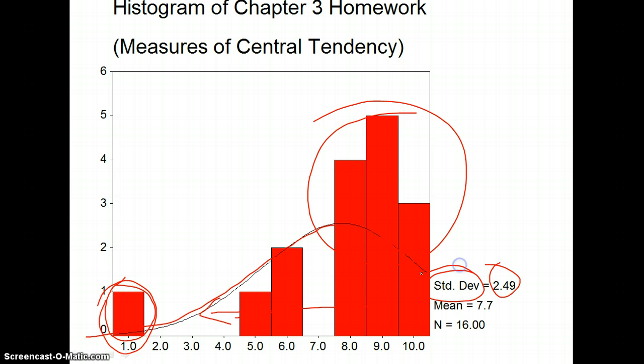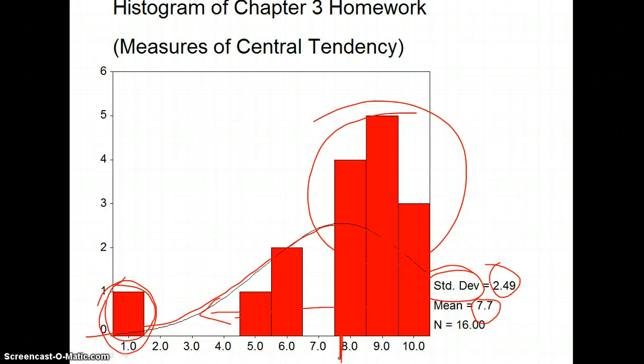And remember, this is telling us where, or how many points from the mean, most of the distribution lies. So the mean is 7.7. That's about right here. So one standard deviation away is essentially 2.5 points in either direction.